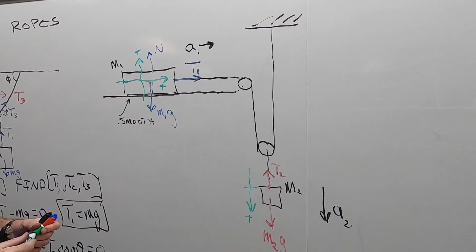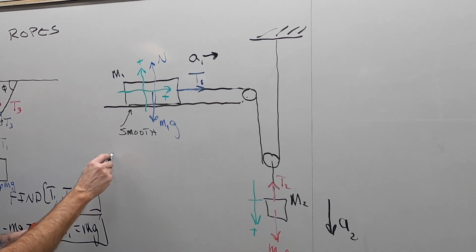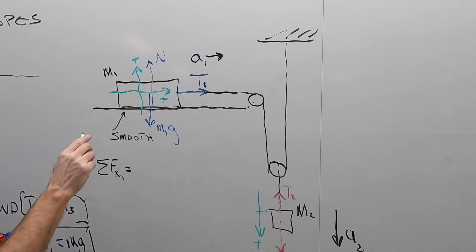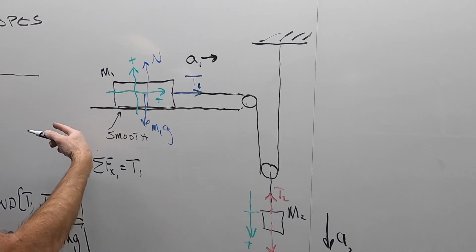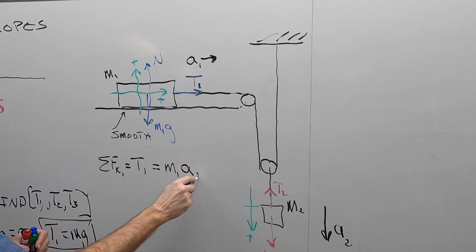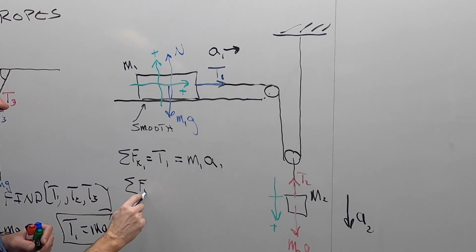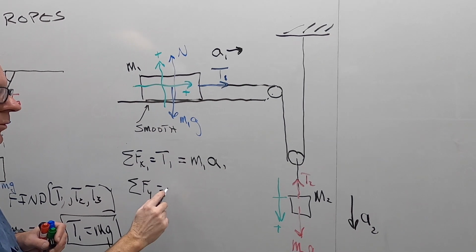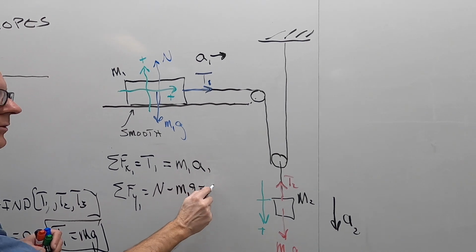So now, if we write out the force equations on block 1, the sum of the forces in the X on block 1, we get just T1, nothing this way, and that equals M1A1. If we look at the forces in the Y on 1, we got N minus M1G, and that equals 0.